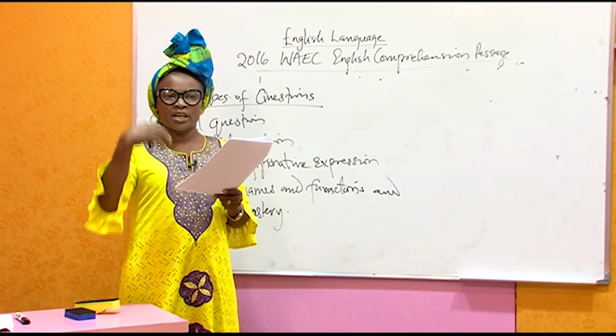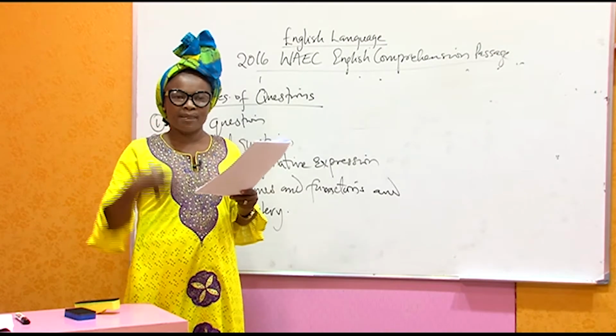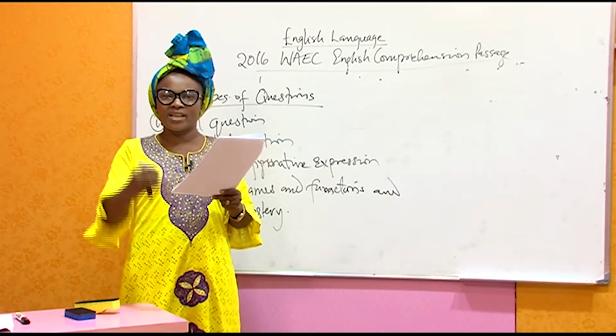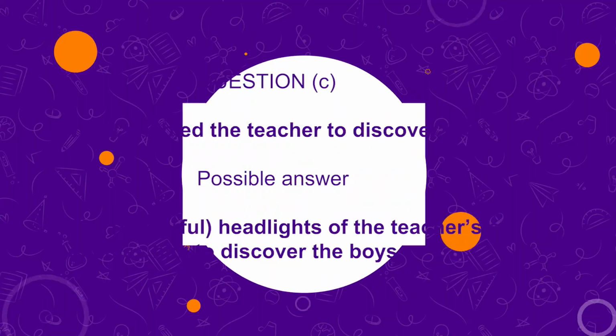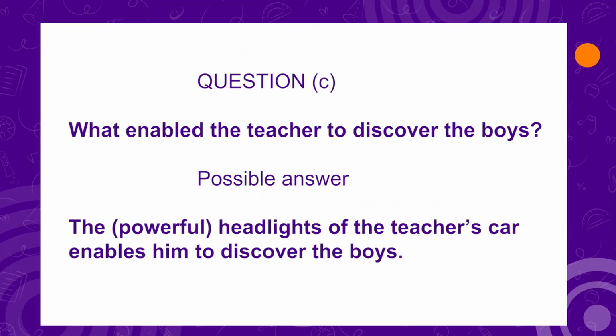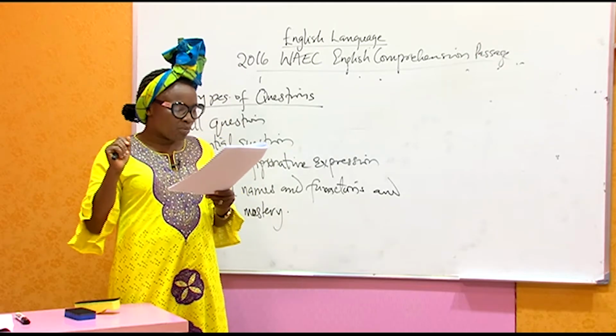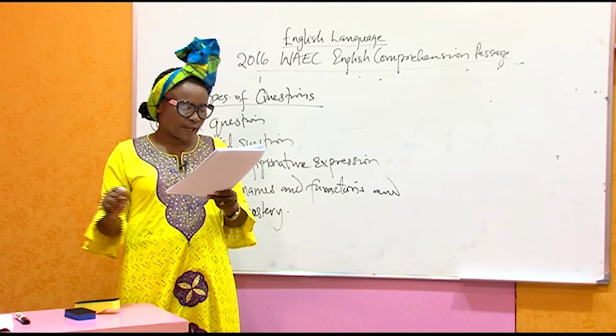For you to get the answer, you have to read in between the lines, and you get the implied meaning of the information given in the passage. So the possible answer to question C is the powerful headlight of the teacher's car enabled him to discover the boys. Then we'll quickly move over to question D.